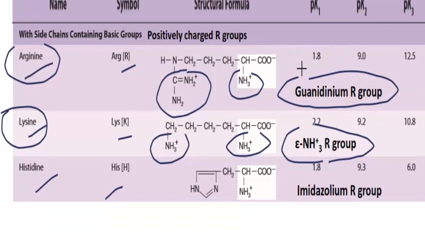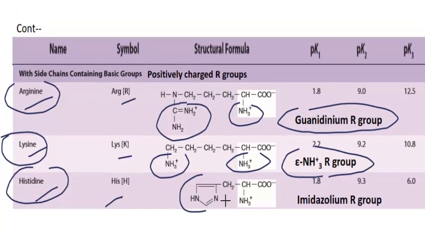Clear? And histidine is special because it contains imidazolium. Many drugs have been found to contain this one. So they are physiologically very relevant when you are studying their pK value, and they also impart special features to various kinds of proteins.